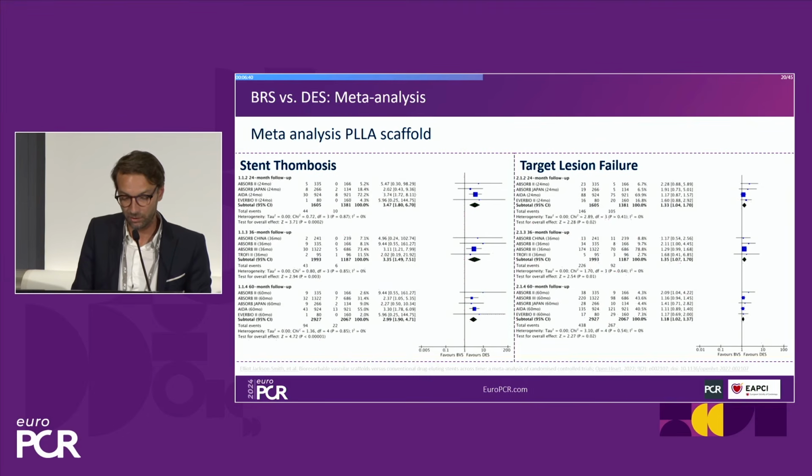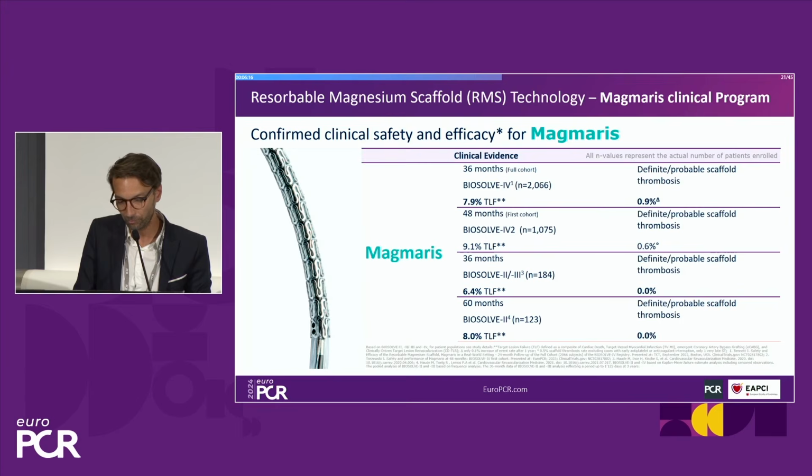But still, the technology was hard to get there and was not as mature as the stents. The most evaluated is the poly-L-lactic acid, on top of the list the Absorb Abbott scaffold. In this recent meta-analysis, it was not safe enough, with more stent thrombosis and target lesion failure.